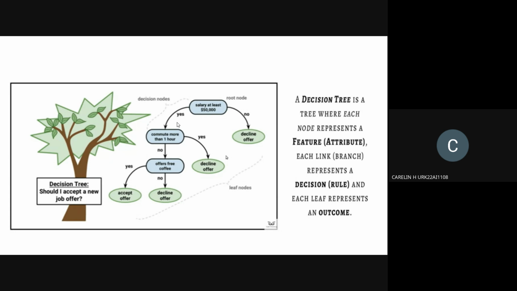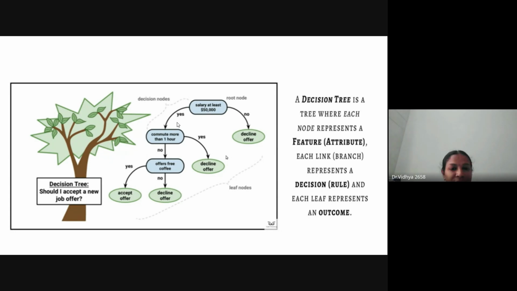Yeah. So look at the picture, you are all able to understand the concept of decision trees. Decision tree is a tree where each node represents a feature. Feature in the sense attributes. Each link or branch represents a decision or the rule, and each leaf represents an outcome. So in a decision tree, we have components like the feature, which is otherwise called an attribute, and the decision.